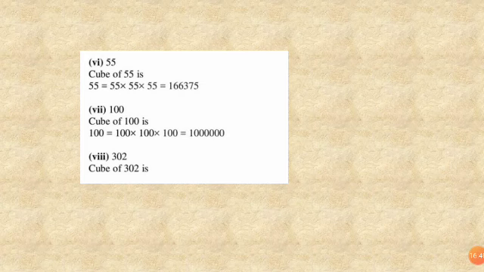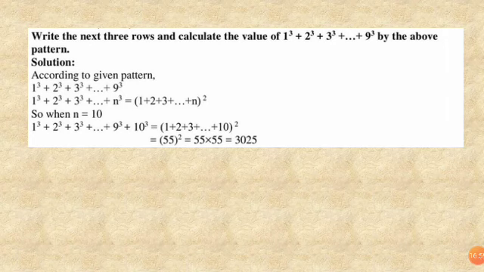Cube of 100 is 100 into 100 into 100, so multiplying the terms we get the value 10 lakhs. Cube of 302 is 302 into 302 into 302. Multiply, so do the sum for 302.